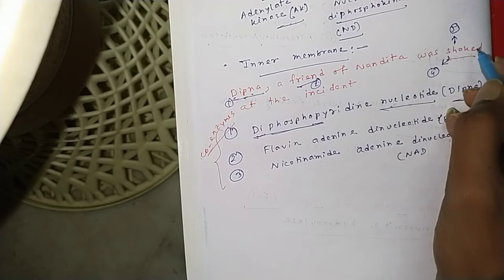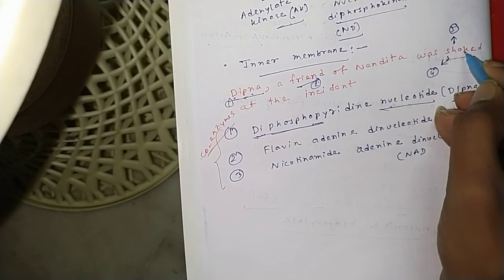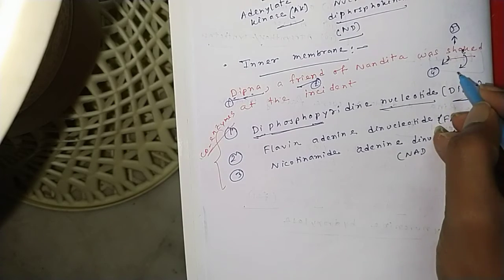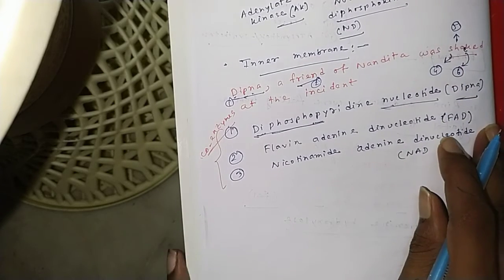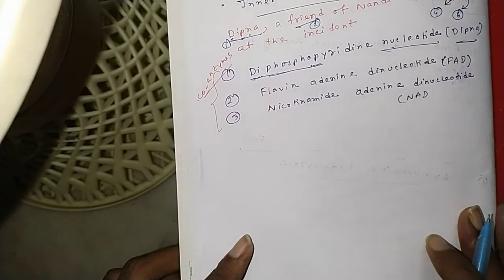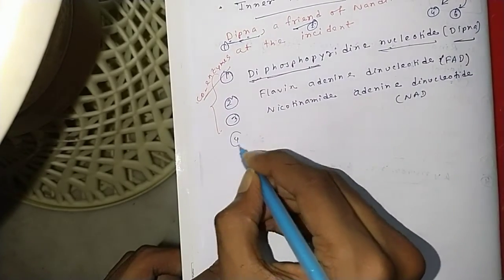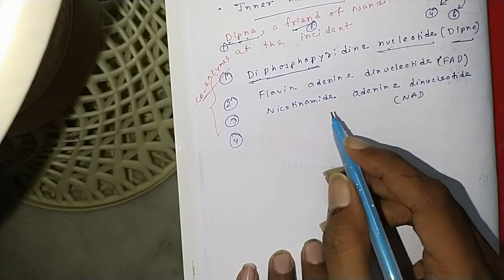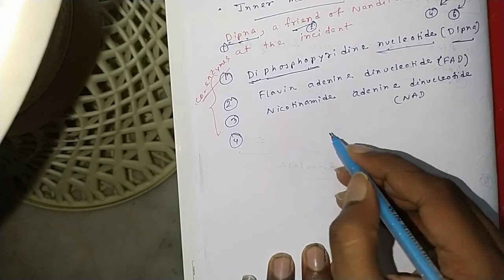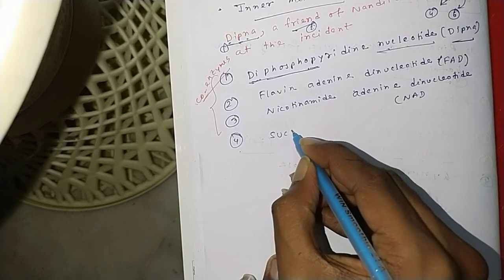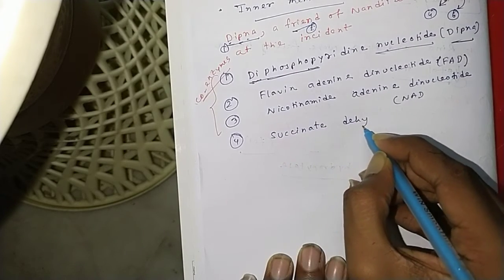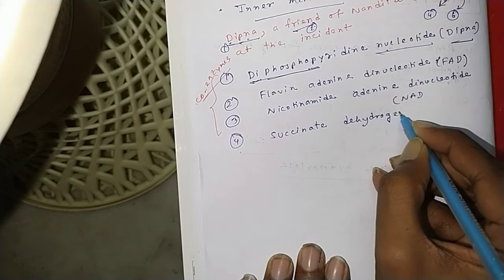Then in the C, sorry, it should have a C, and the C is the sixth enzyme. Okay, so let us see how it is working. So first of all, 4 is S, and that means succinate dehydrogenase.